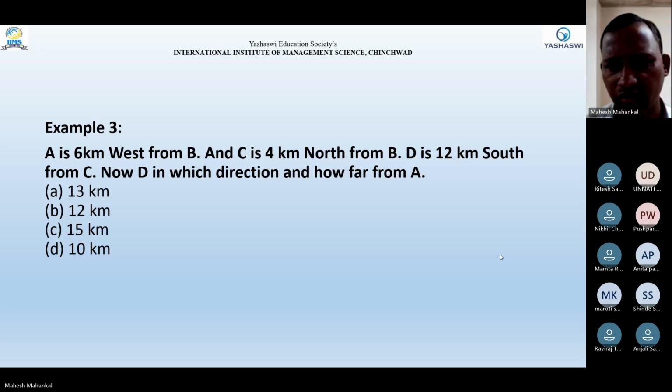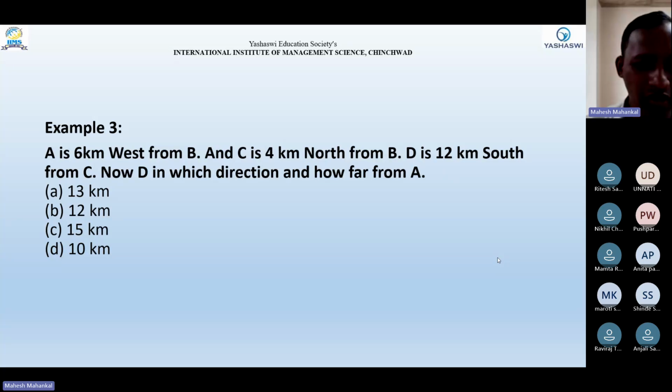Maruti, what is the correct answer? Sir, 13. A option, 13. A option 13. Raviraj, what is your answer, beta? 13. Which option is correct? A. Okay. Again, remaining students, Unnati, Anita, have you tried?